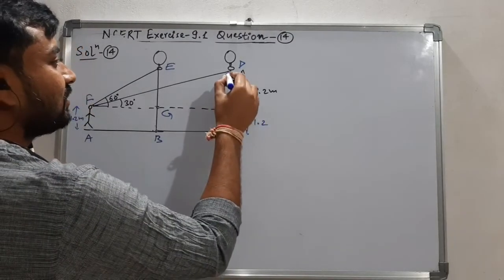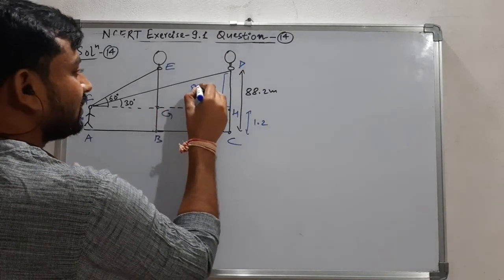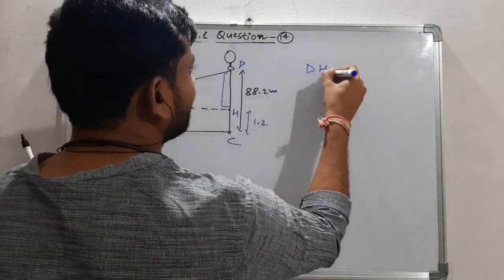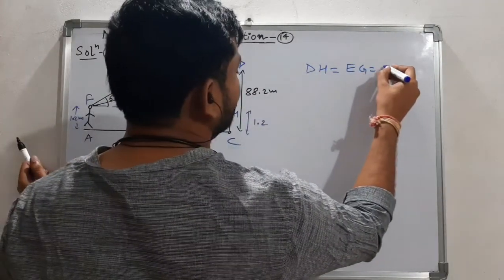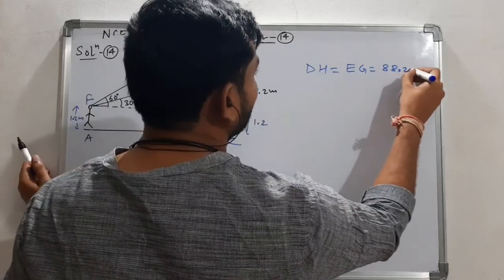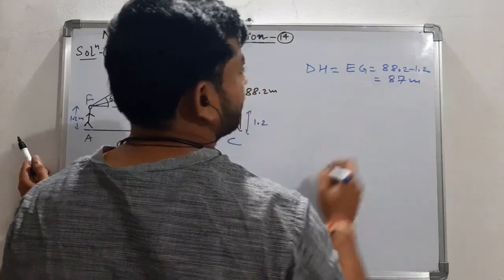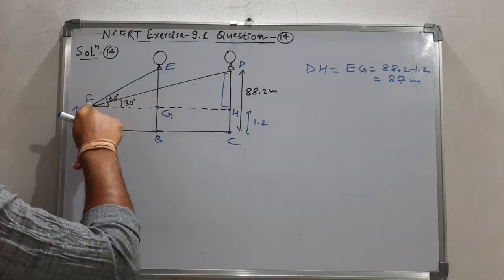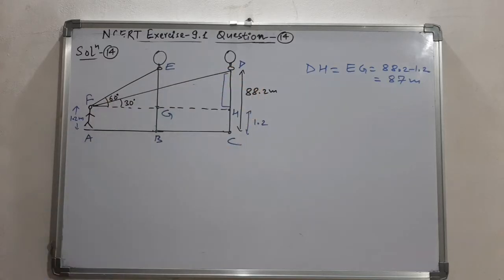So DH, which equals EG, is nothing but 88.2 minus the height of the girl, that is 87 meters. So the height of the balloon above the horizontal level of her eyes is 87 meters in both cases.